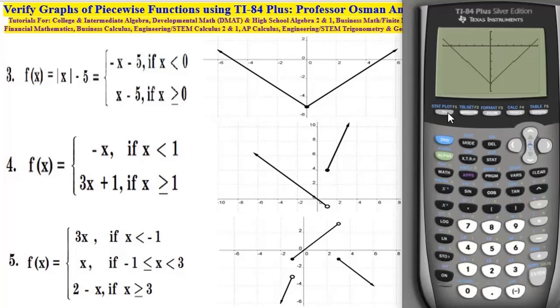Alternatively, you can do open parenthesis minus x minus 5, and this is valid for x less than 0, second math, less than 0.